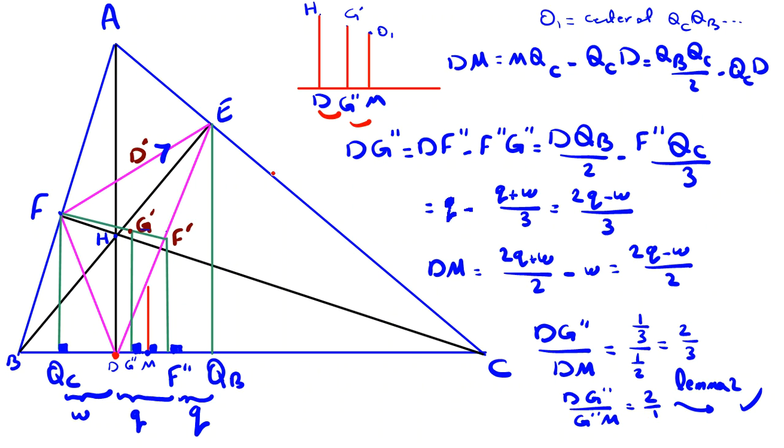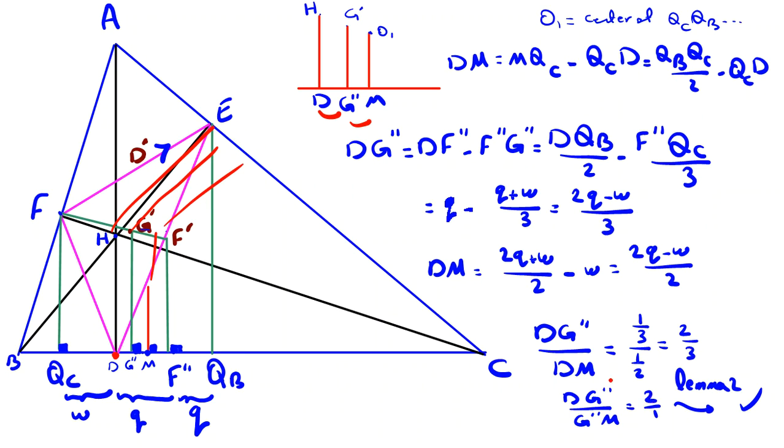Now, we can see that DG double prime over G double prime M is 2. So it is not related to A, because we've done it for BC. If you do exactly the same thing for, for example, the next side like this, then again the ratio would be 2.